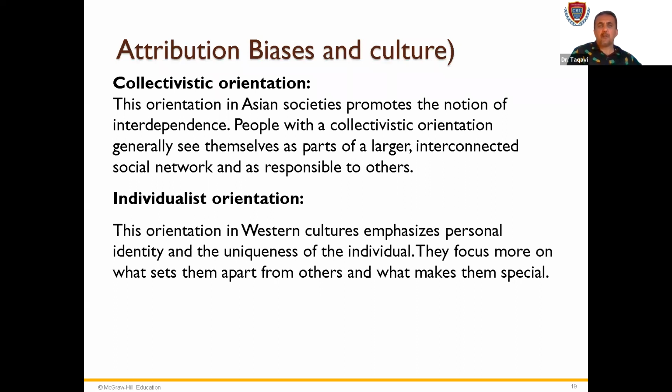People with a collectivistic orientation generally see themselves as part of a larger interconnected social network and as responsible to others. They say that the goal of training, the goal of maturity of a person, is to be a good citizen for the country, to acquire the social skills needed to be a well-socialized man or woman for his or her society.